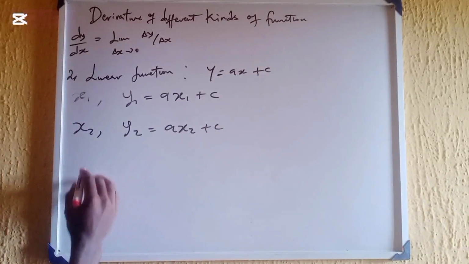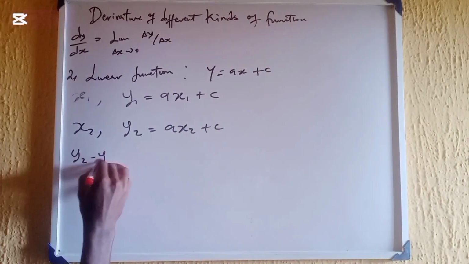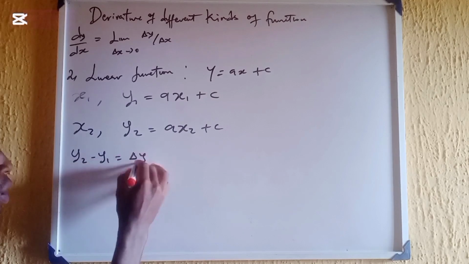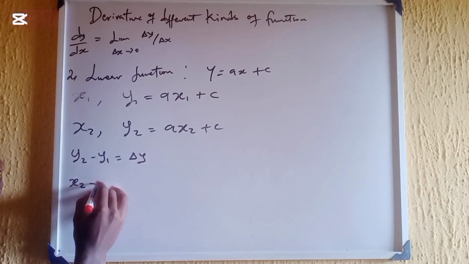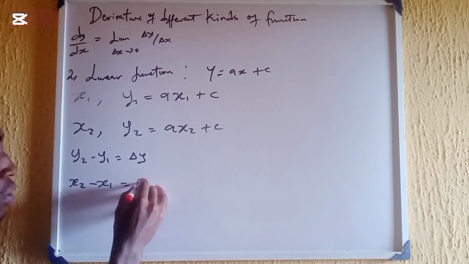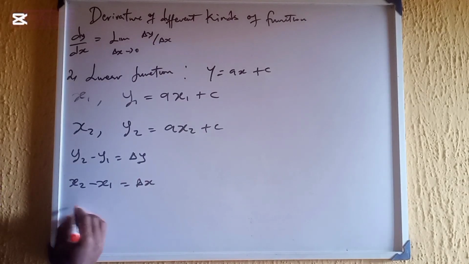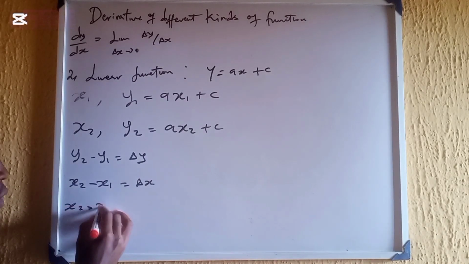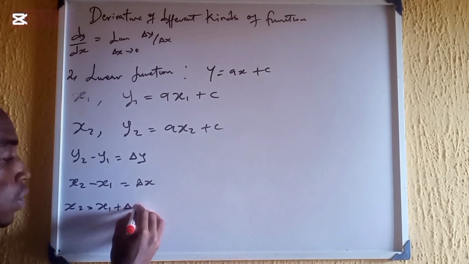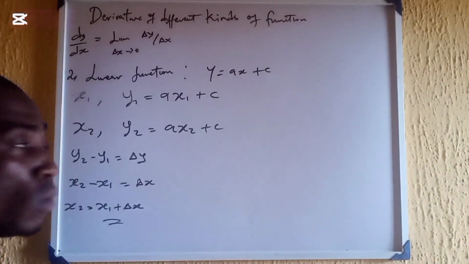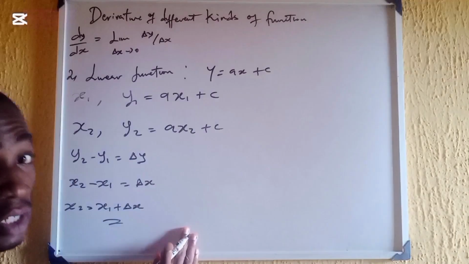Now, please take note, y2 minus y1 is change in y, and x2 minus x1 is change in x. So, making x2 the subject, we have that x2 is equal to x1 plus change in x. So, we'll be working with this. Now, let's get our change in y.